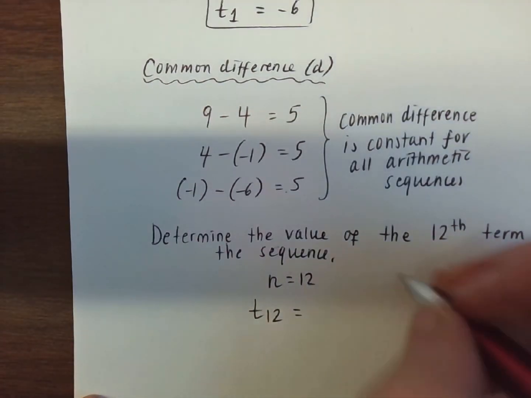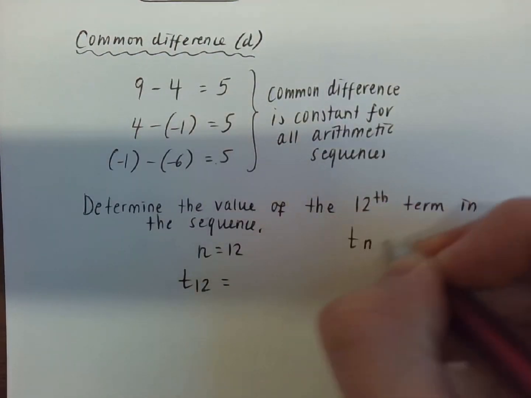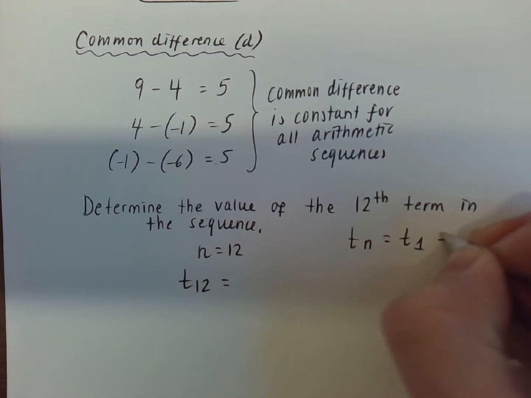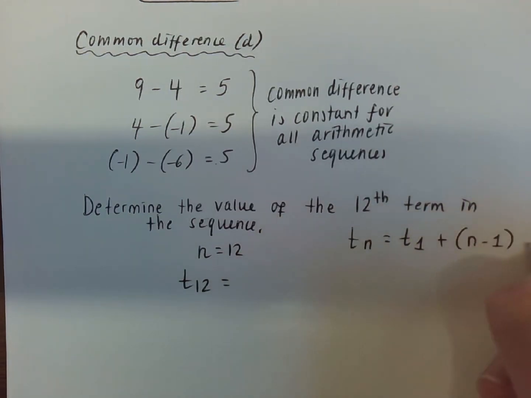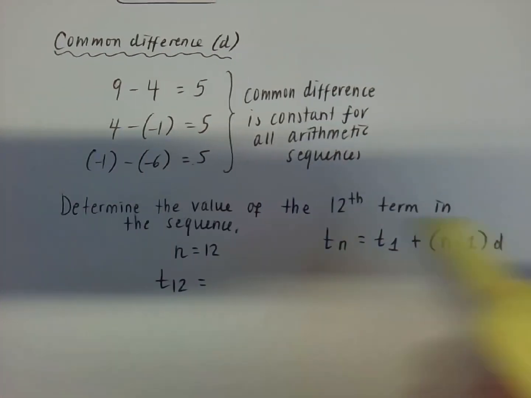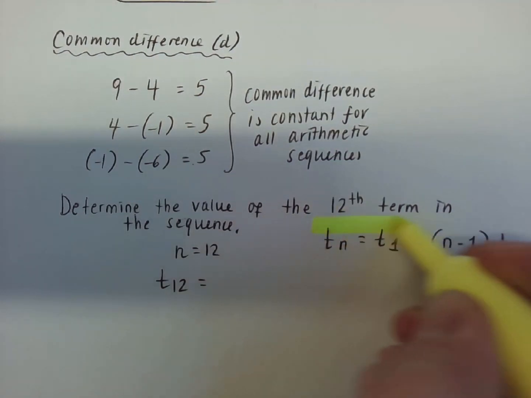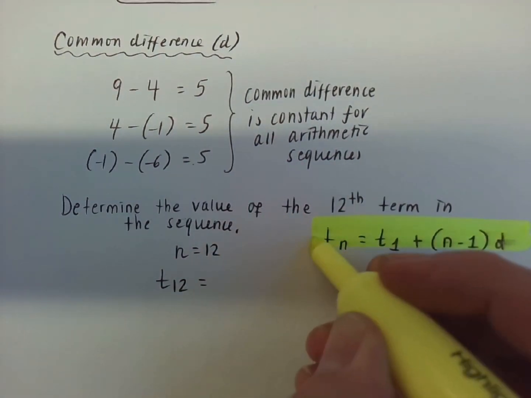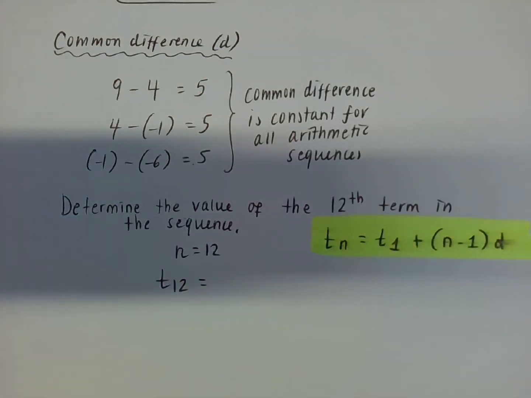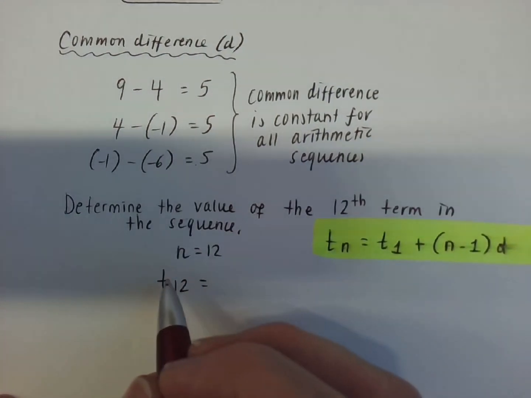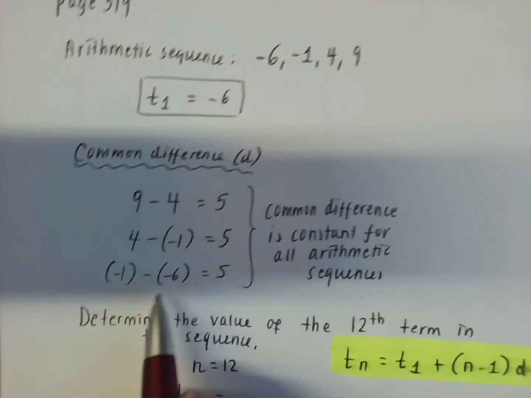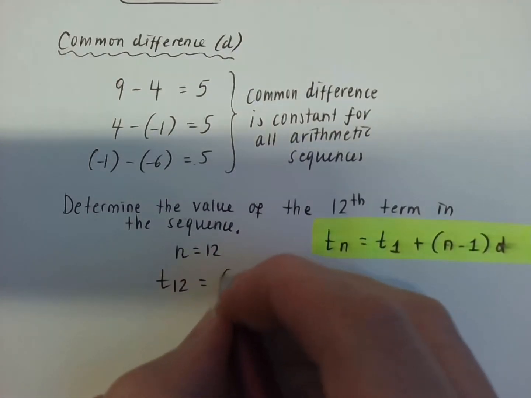T1. So I'm using the formula Tn equals T1 plus n minus 1 times d. I'm always going to be using that formula in these situations. But then I plug in what I'm actually dealing with here. T1 is -6.